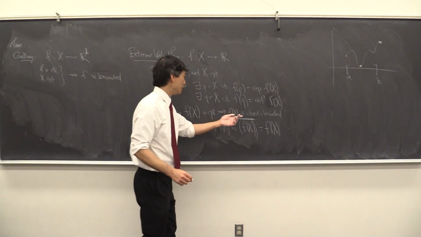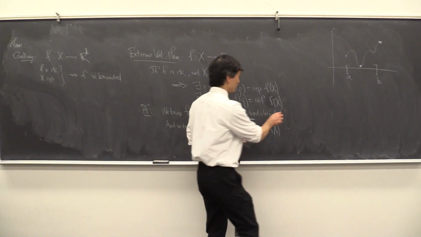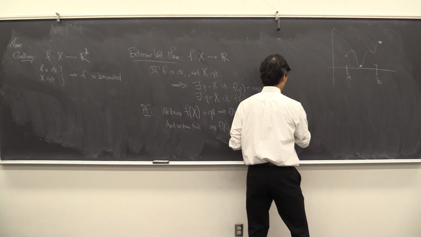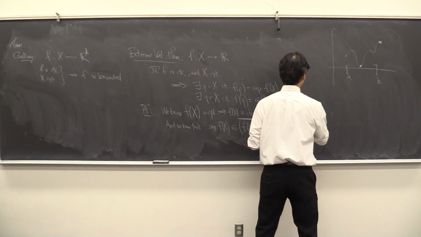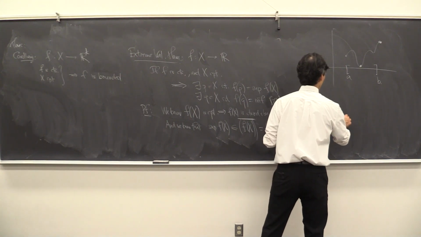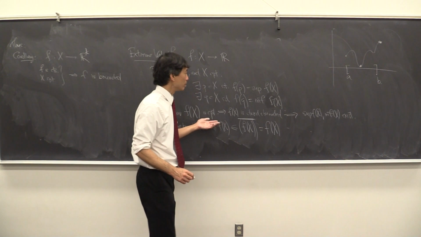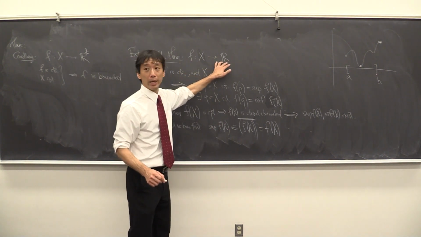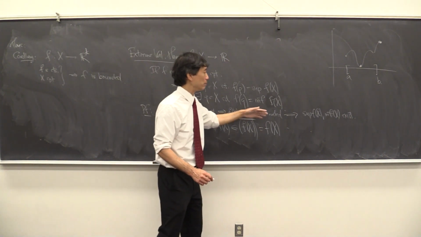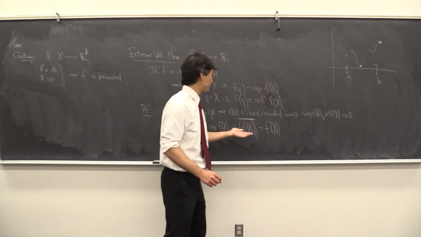By boundedness, you know that there is a supremum. I should be a bit more careful. Bounded means that the supremum of f of X and the infimum exist, by the least upper bound property. Because we're in R, and we know that it's bounded, it has the least upper bound and also has the greatest lower bound.